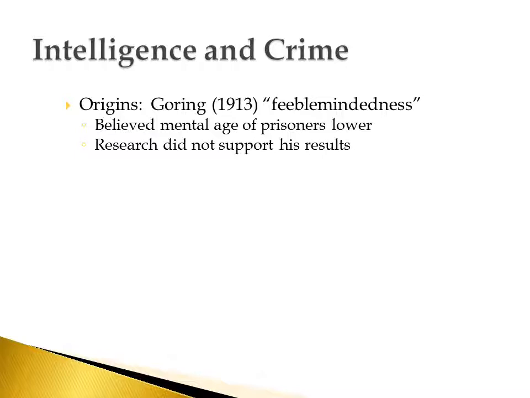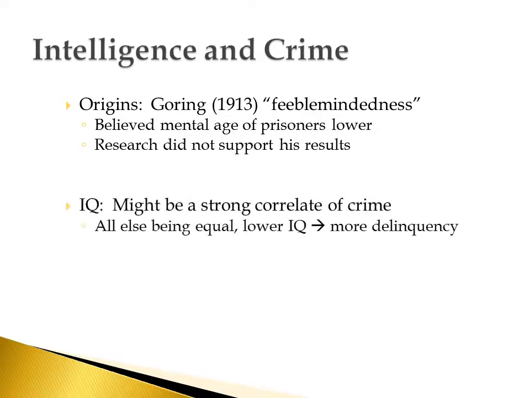In some of the first tests that happened on this, it was actually done testing soldiers that were trying to enlist for World War I. And the first IQ tests, the first people that actually tried to measure intelligence level, mental age, were people that were developing tests as a result of people like Goring's research. So this idea of IQ, the idea of having a test that can in some way capture a person's mental age, these tests first emerged in the World War I era.